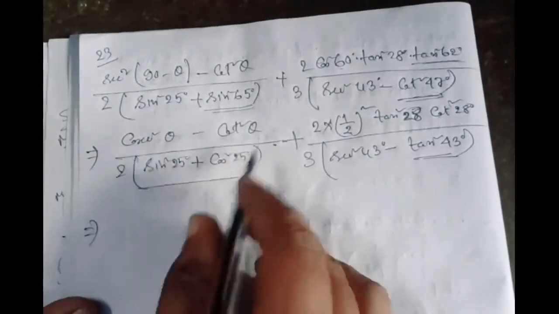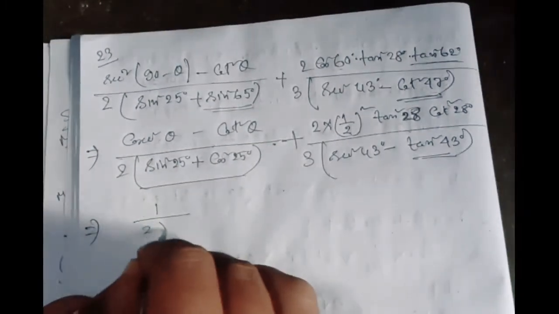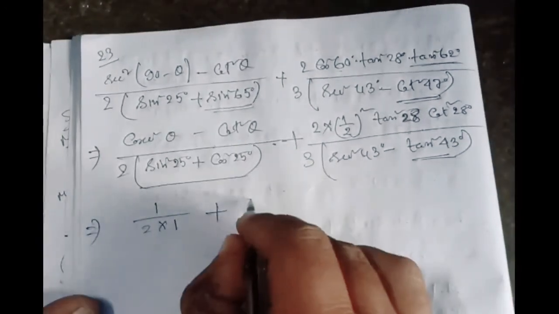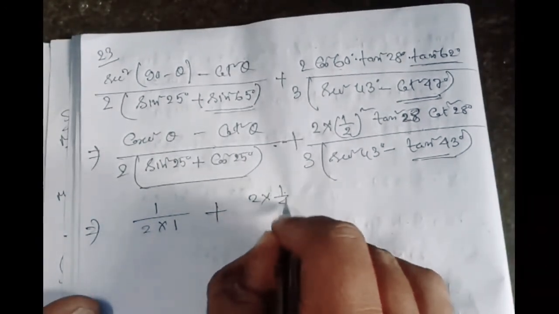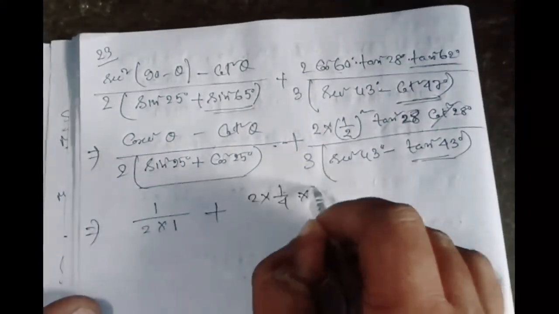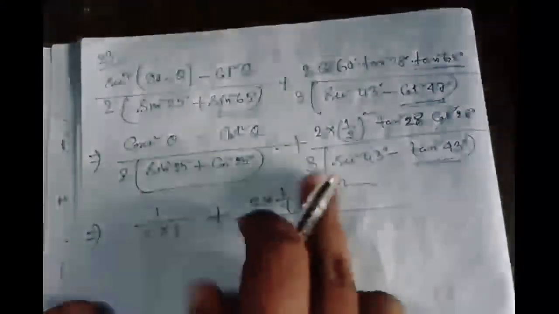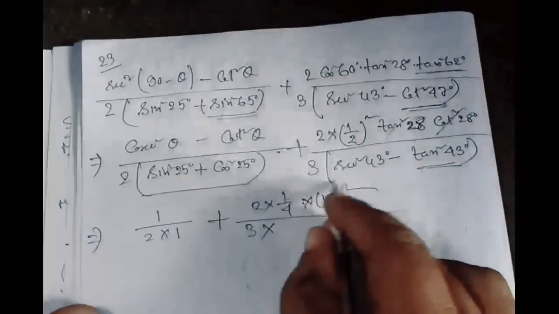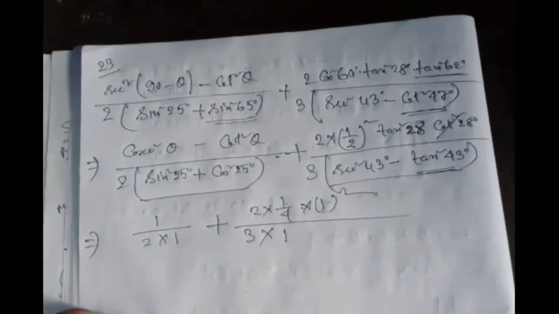Now cosec square theta minus cot square theta means 1, so 1 by 2 into 1 plus 2 into 1 by 4, and this is cancelled. Divided by 3 into sec square theta minus tan square theta, which is 1.